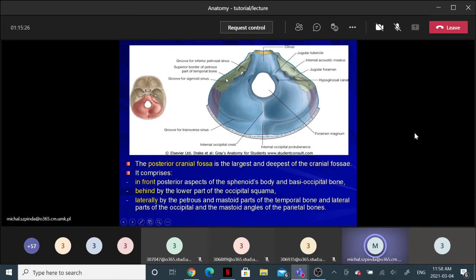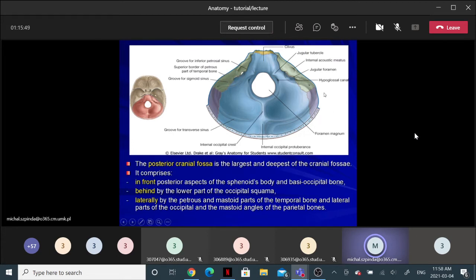On the posterior aspect of the petrous temporal bone is a kind of fissure, a slit, that's called the external opening of the vestibular aqueduct, which leads to the inner ear.